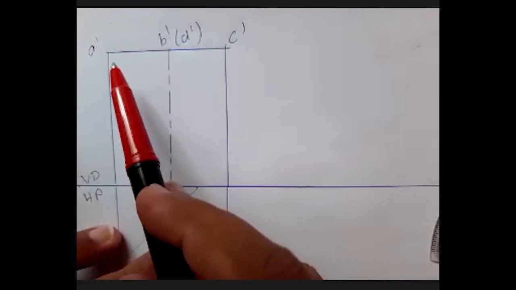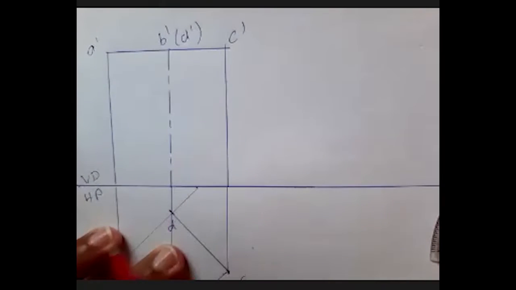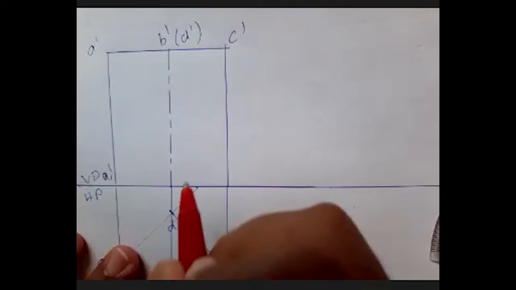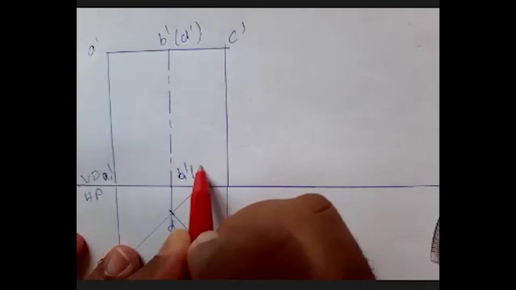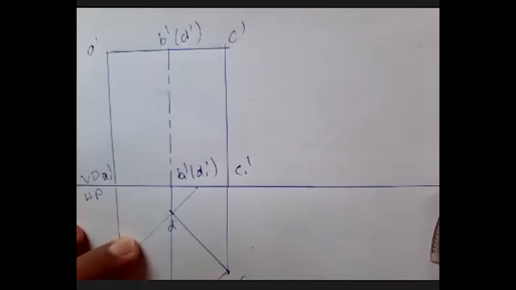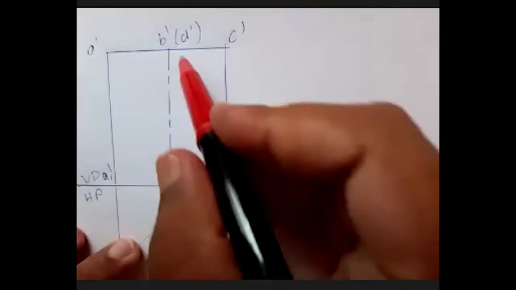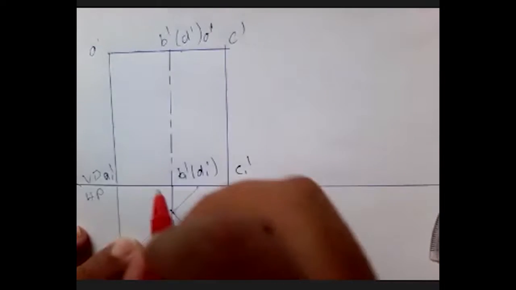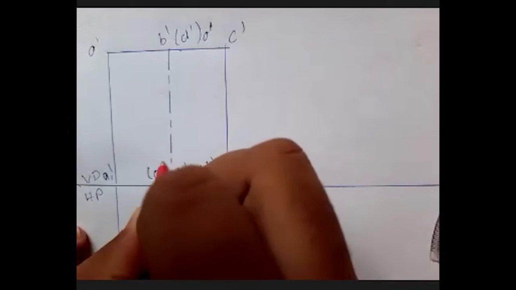Whatever I have written here, the same with 1, I'm going to write it here. So it is A1 dash, this is B1 dash with D1 dash in the bracket, and this is C1 dash. Also I have an axis here, so it will be O dash, and this will be O1 dash within the bracket.